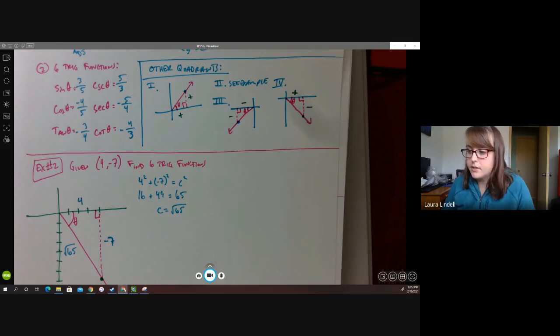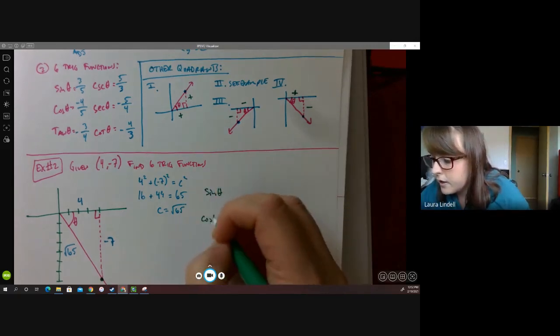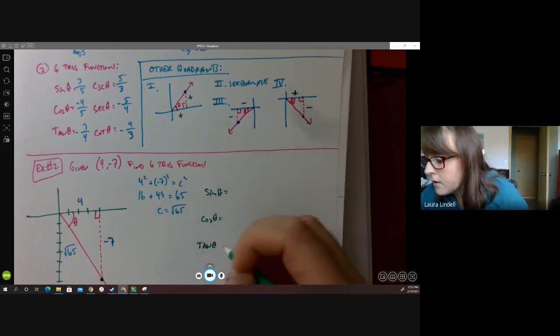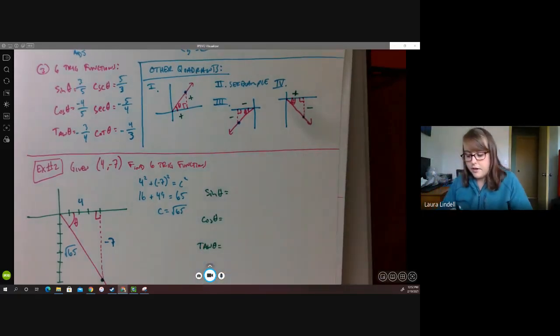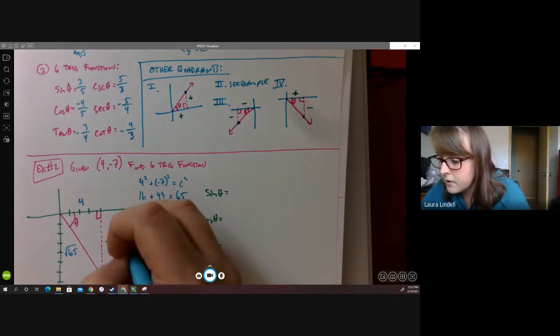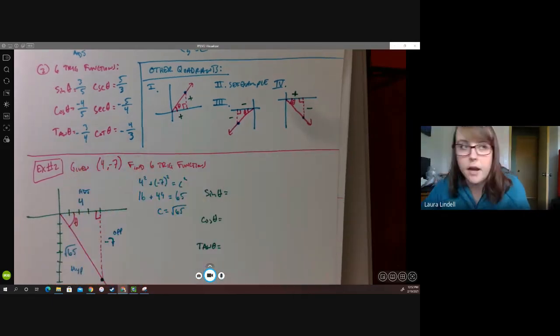But let's get started with, we want sine, cosine, tangent. Let's start with those 3. So we know sine is opposite over hypotenuse. If you want to go ahead and label your sides as opposite, adjacent, and hypotenuse, just so that you don't get them turned around.